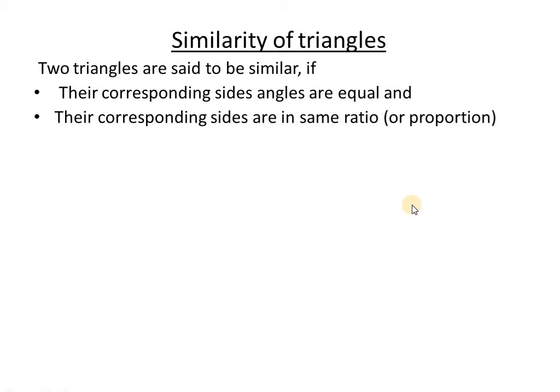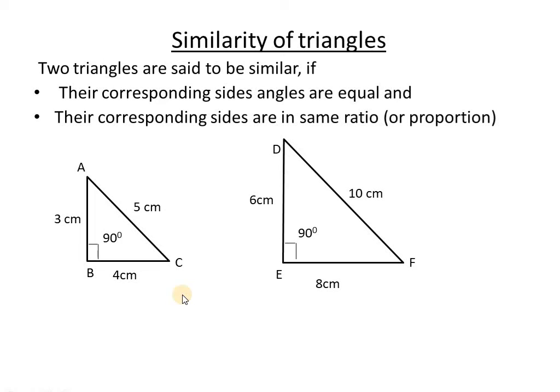Now what is similarity of triangles? Two triangles are said to be similar if their corresponding angles are equal and the corresponding sides are in the same ratio. Let us consider two figures, triangle ABC and triangle DEF.